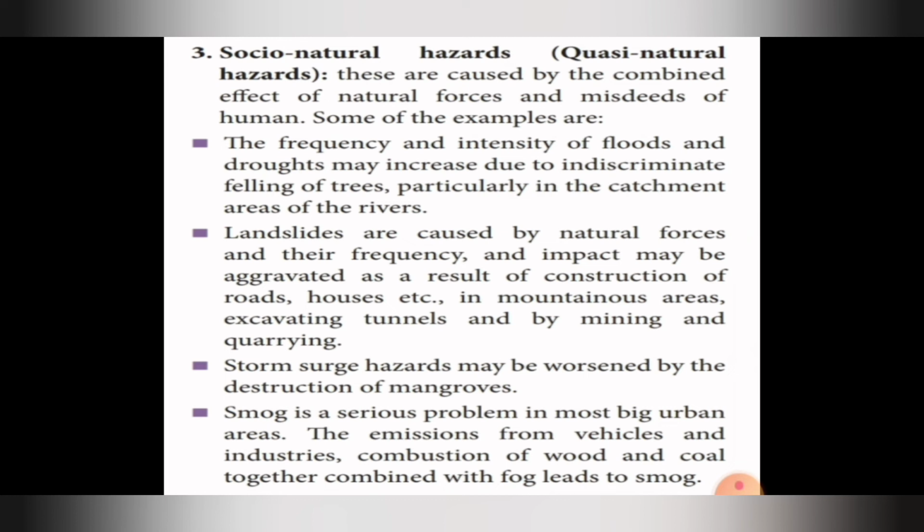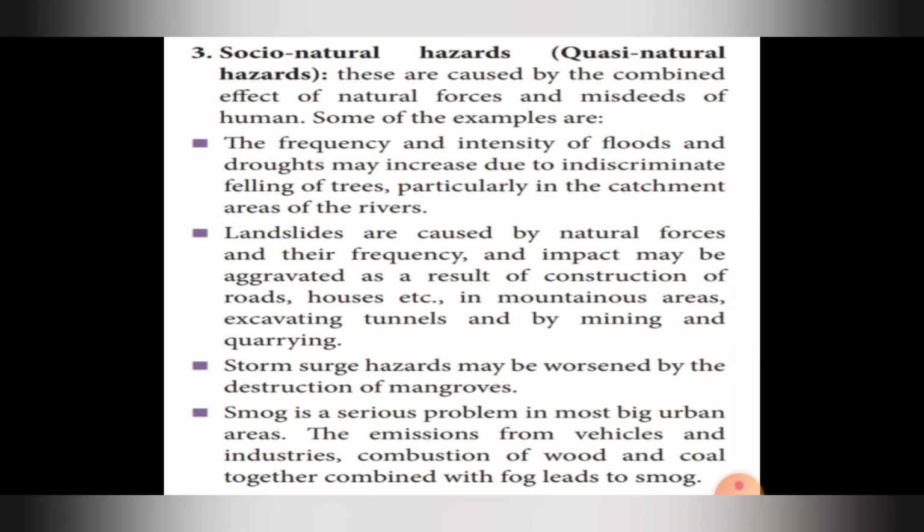Okay, what are the examples they have given? First one, the frequency and intensity of floods and droughts may increase due to indiscriminate felling of trees, particularly in the catchment areas of the rivers. Okay, so human is causing deforestation.